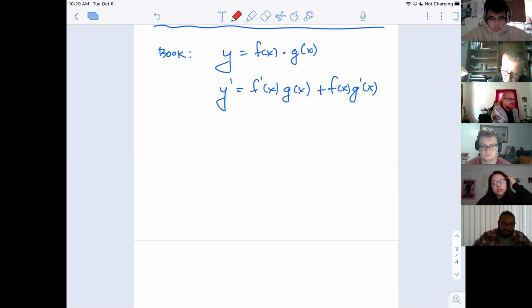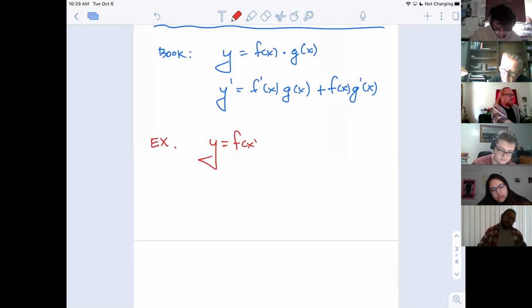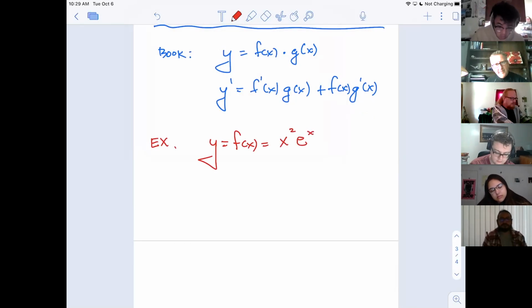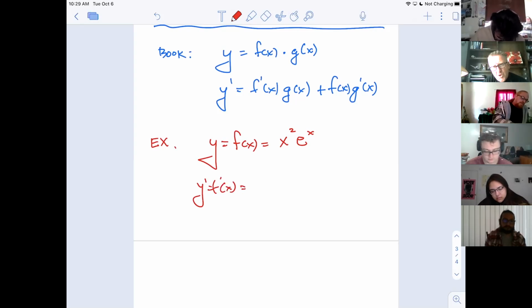Let's see here. We'll test this out to see if it works. If I gave you the equation f of x equals x squared times e to the x, you do not have a choice. If you want to go find y prime or f prime of x, you have no choice but to do the product rule, because you have junk times junk.